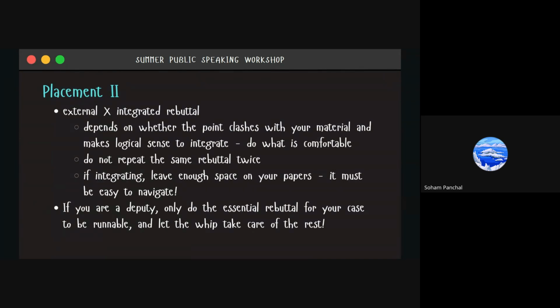Pragya, could you please just quickly give an example of these two placements, just to be clear? Examples for what again? The external and integrated rebuttal, just a small example. Okay, yeah. Just let me find a good motion for that.